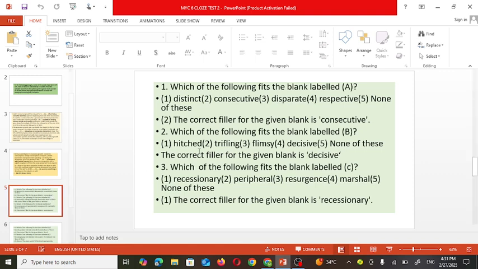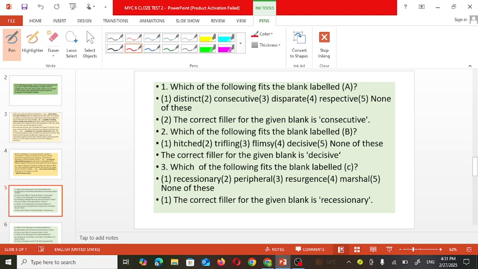So in the given options, consecutive is your correct answer. Its meaning is that they follow one after another, and that is only what is expected in the given blank.